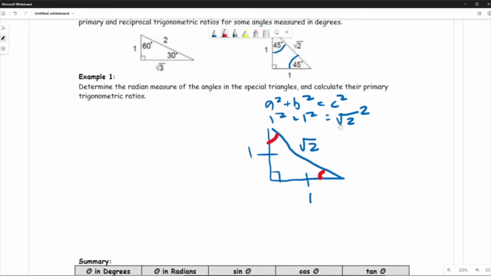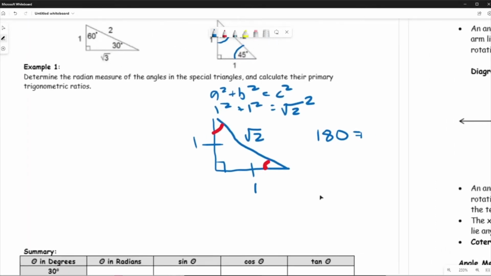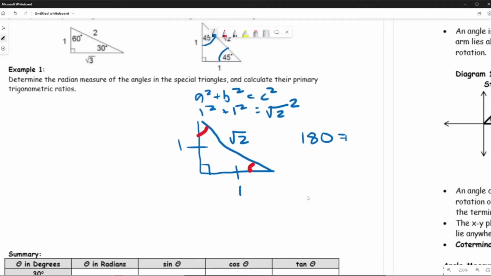Now remember, if 180 is the same thing as pi, then an entire semicircle is an angle of pi.